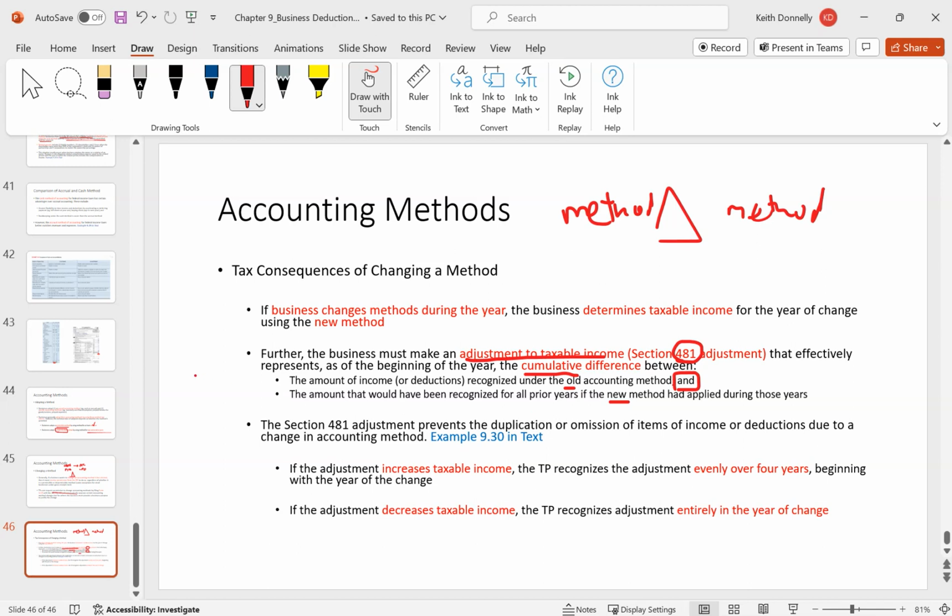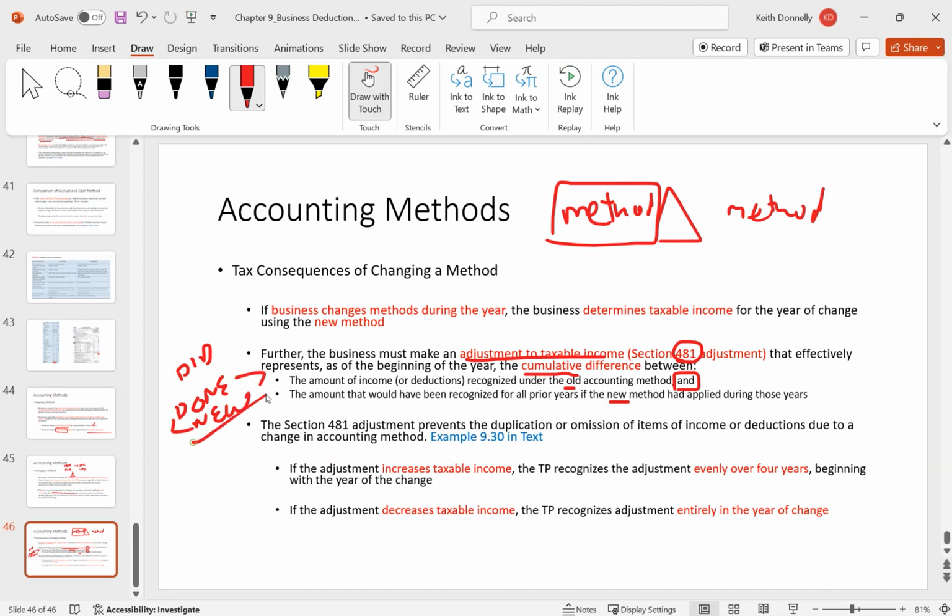So you basically compare all that time you did the old method, right? What would have been your income? What would have been your deductions? So you compare what you did under your old method with what you would have done under the new method, right?